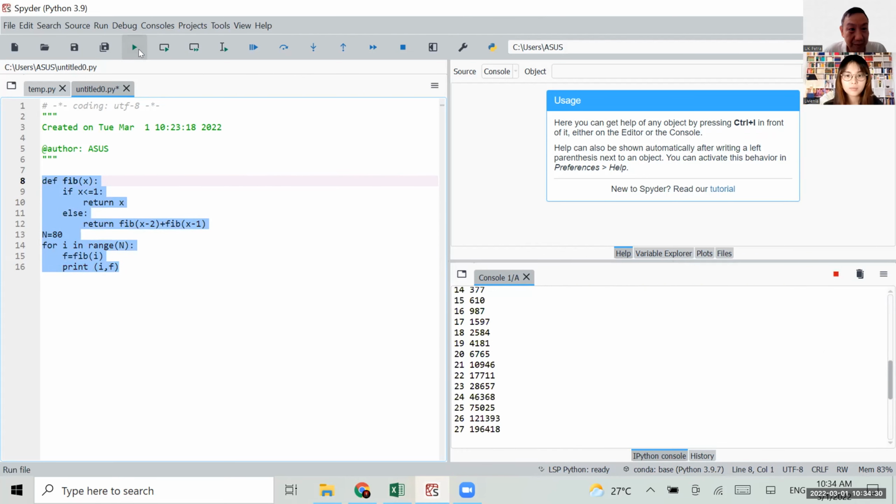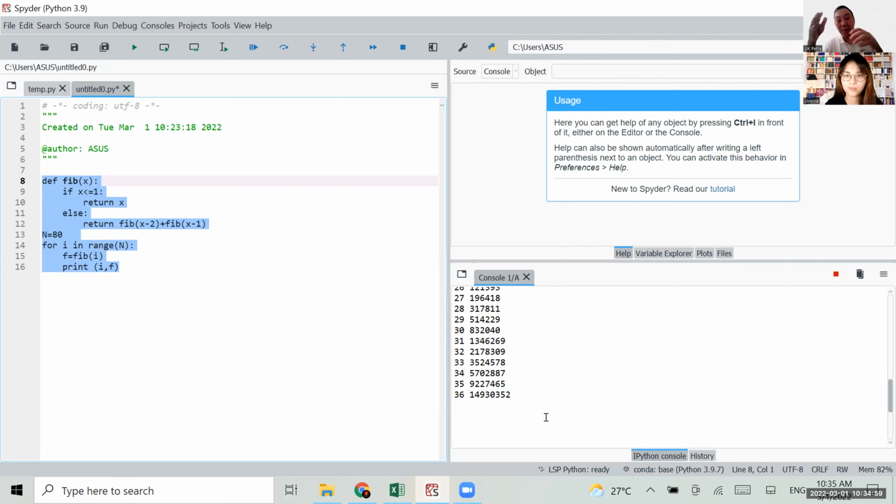Run this. Oh, getting slower and slower. Because this procedure is recursion. Super slow.